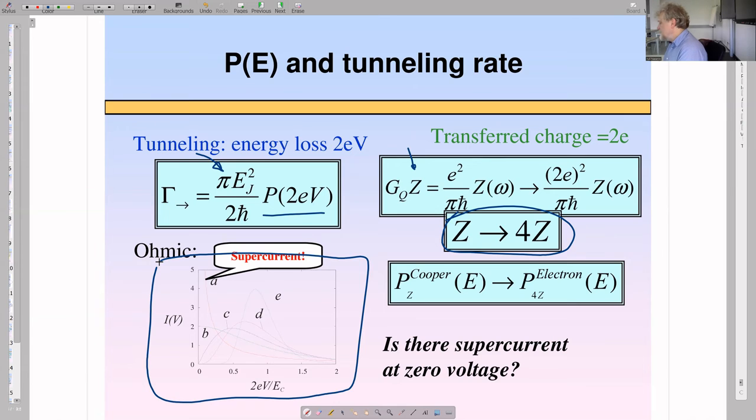What do we see? If impedance is big, there is no current. Current is very much suppressed at zero voltage. Then it increases, which is what you normally expect from the current. If impedance is low, then the current eventually grows with voltage.